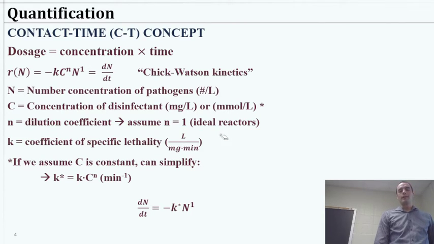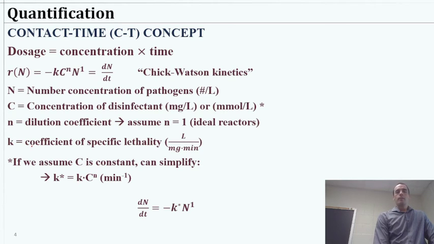That's part of the Chick-Watson kinetics, and that gives us a way to deal with scenarios where not all of the stuff is happening right there, or not all of the chlorine is acting like we want it to. Okay, so N is the number concentration of some pathogens, number per liter. C then would be the concentration of the disinfectant, something like milligrams per liter, maybe millimoles per liter.